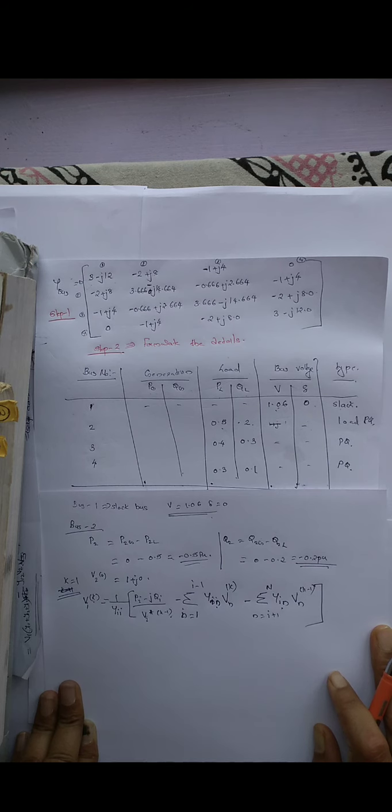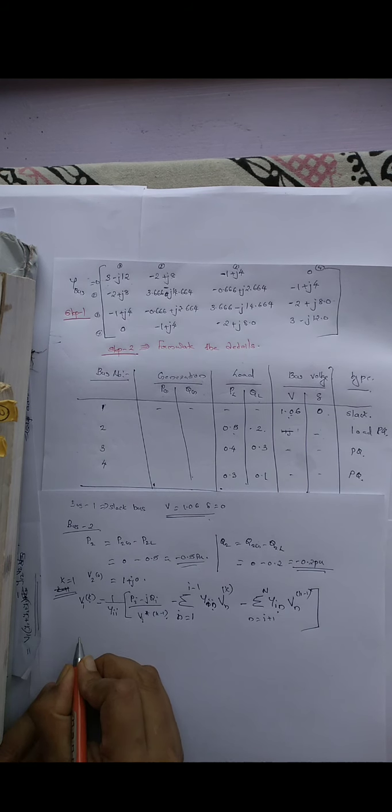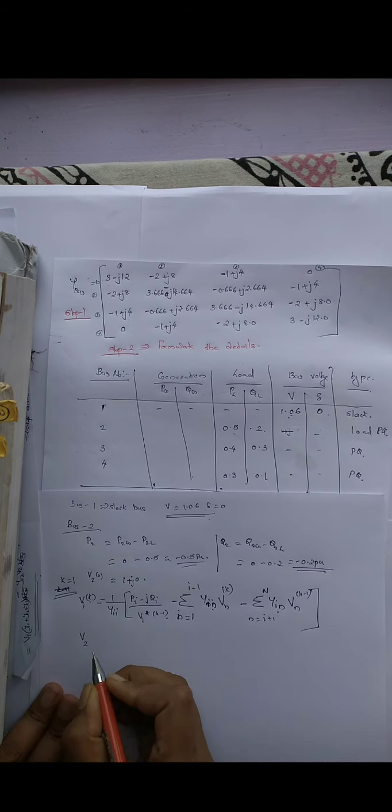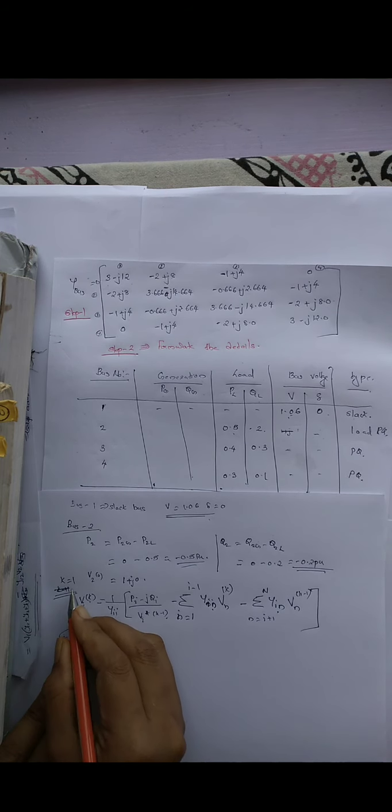So I am writing this equation for our second bus. First I have to write i is equal to 2, because here bus number is equal to 2 and K is equal to 1.